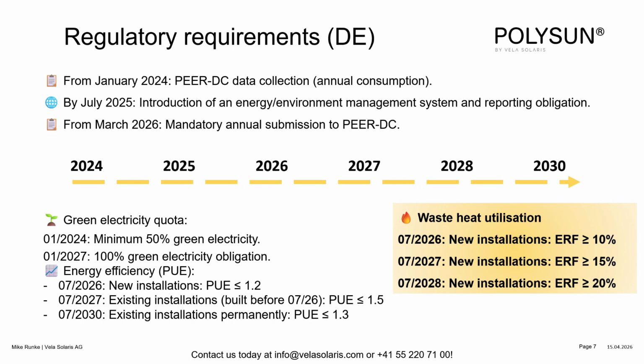In Switzerland, the use of waste heat in data centers is also increasingly being embedded in cantonal building regulations. For example, in Zurich, for data centers with more than 2 gigawatt hours of waste heat, this waste heat must be sold to third parties at cost price if they cannot use it themselves.